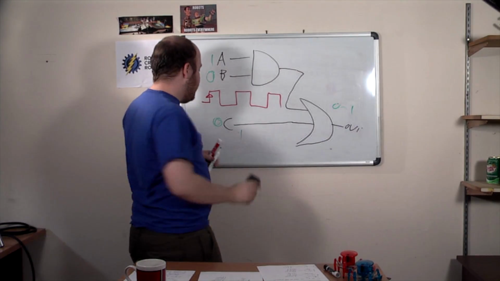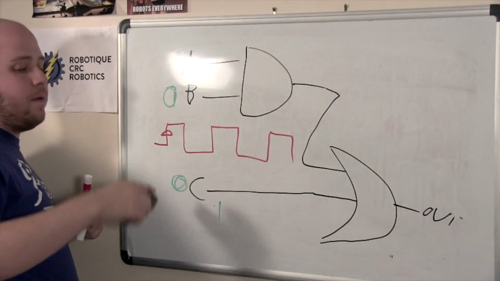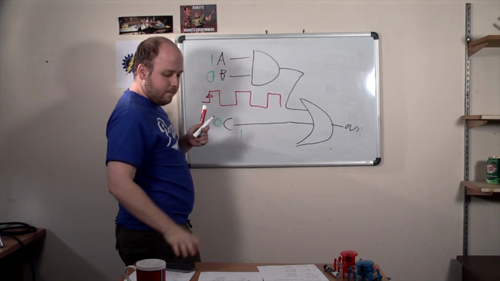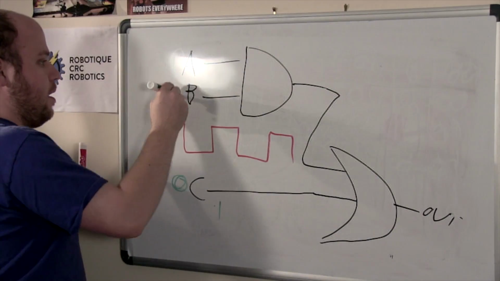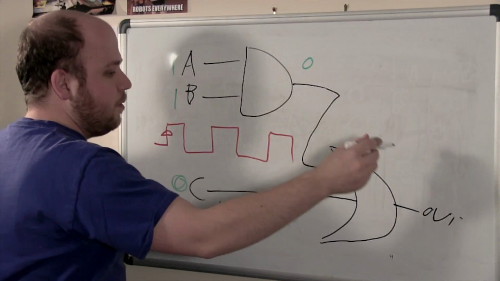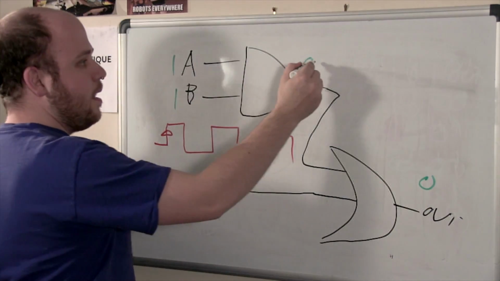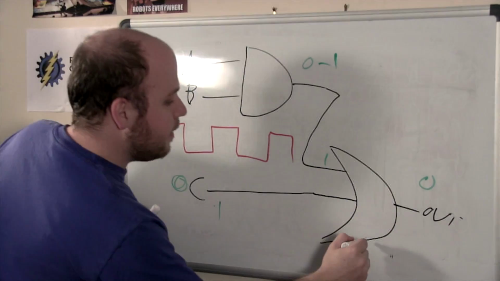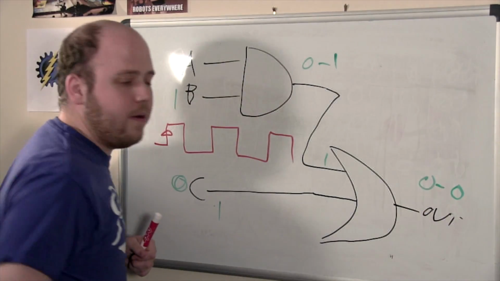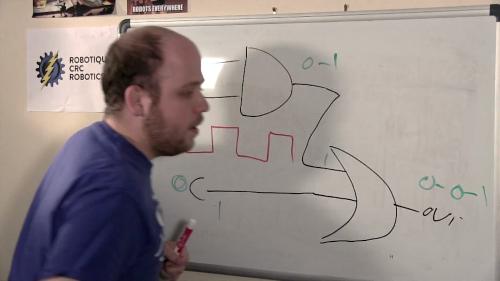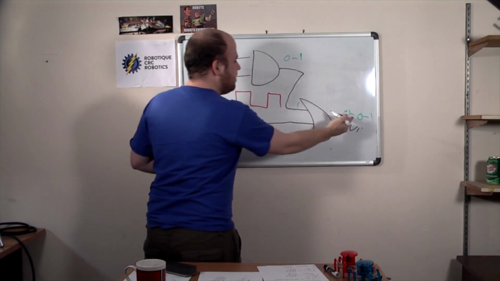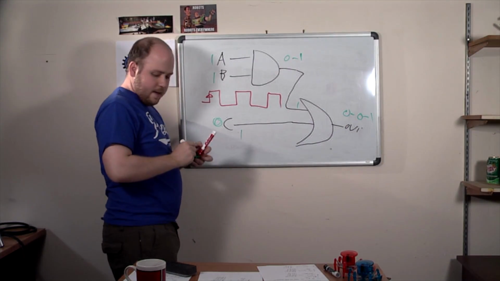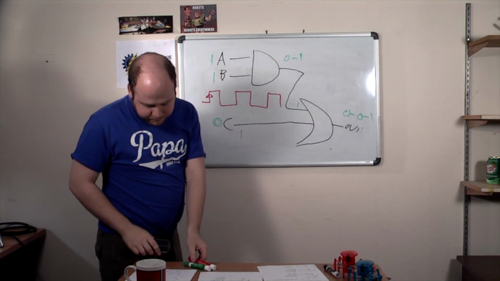If I was to propagate the other way around, from this AND gate, I'm at 0, 1, now I'm switching to 1. So I got a 0 over there, 0 over there. Then next clock, it will go 1, so here there will be a 1. Then next clock there will be a 0. And then finally a 1. As you can see, there is some kind of 1 unit delay because there were 2 gates involved instead of just 1.